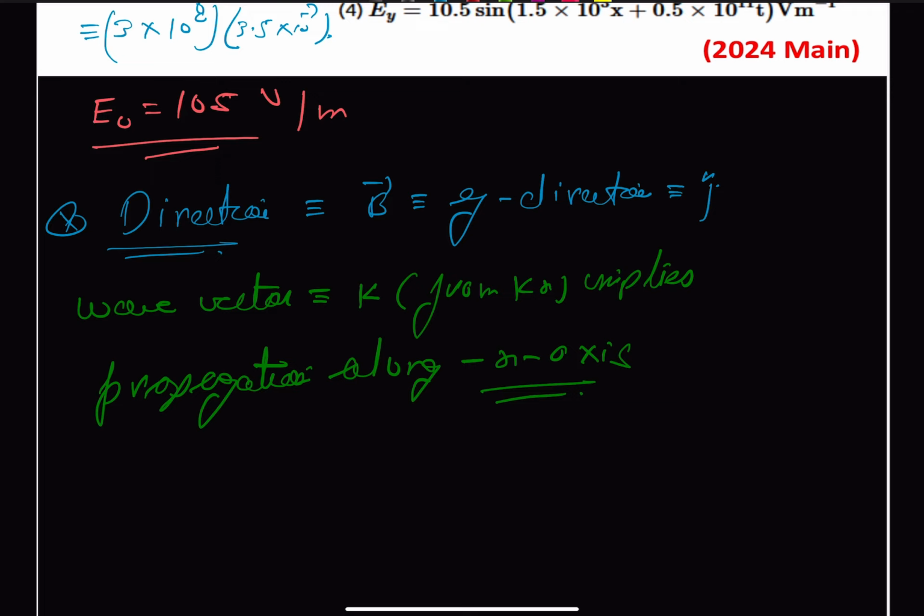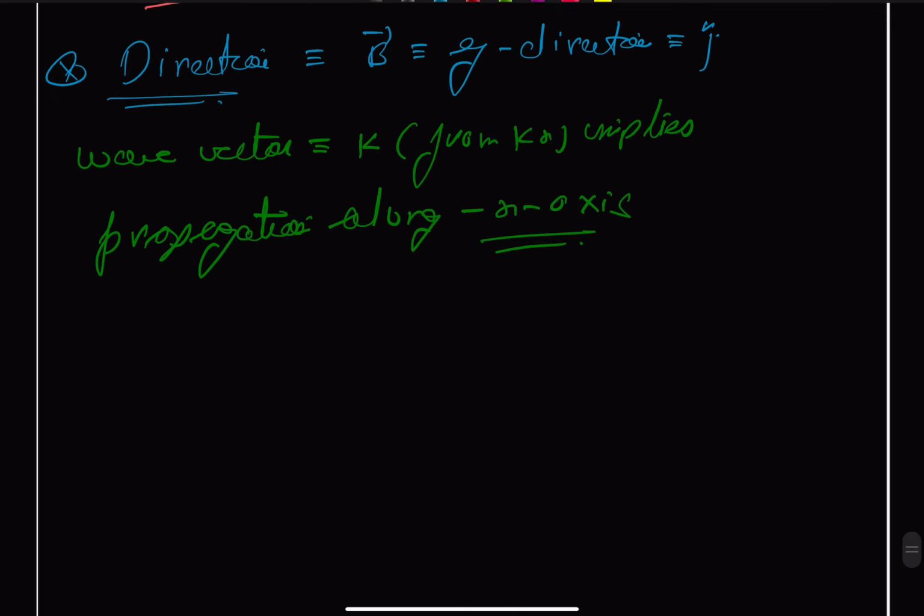Therefore, we can write that E cross B will be giving us the k unit vector.